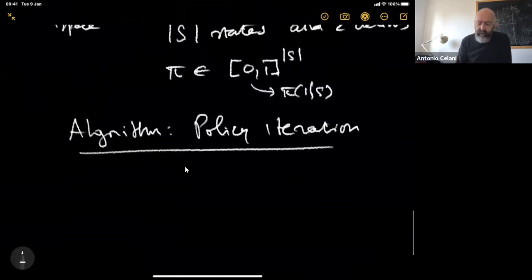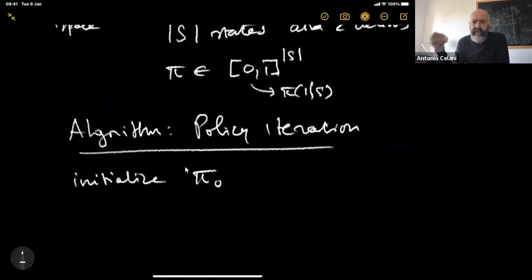The pseudocode is: initialize a certain pi 0. This index 0 is just a counting index which tells me what iteration I am in. So this is the first initial step. I choose one policy, any admissible policy, anything that is inside my space of policies.